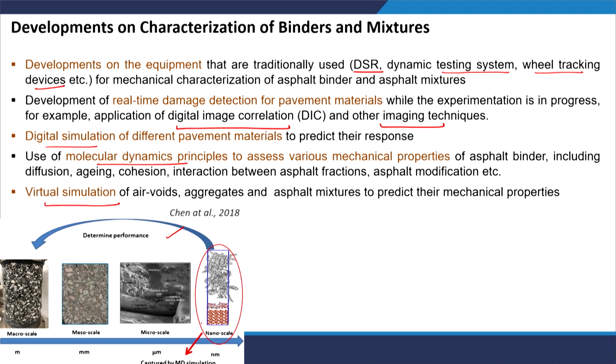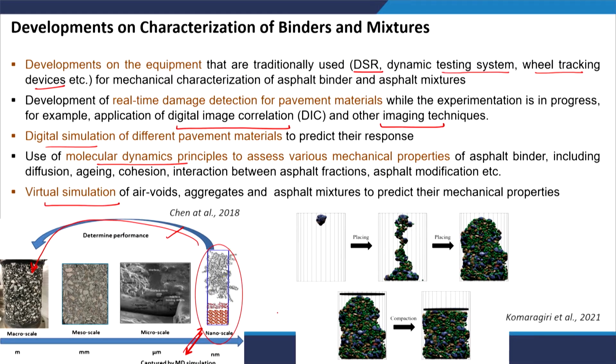If you have details at the nano level, you can use techniques to determine the properties or the behavior at the macro scale as well. This image shows how artificially aggregate gradation can be generated, aggregate or bituminous mixture can be prepared for a given level of compaction. So, all these researches are being done and are being implemented as well.